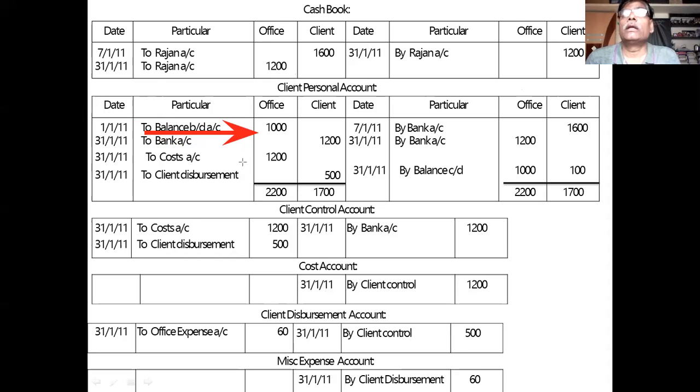Okay. The opening balance comes in the client account, first entry. And the second entry is the deposit. The deposit you take here first. Deposit by the client. Check received is recorded on the client column first.